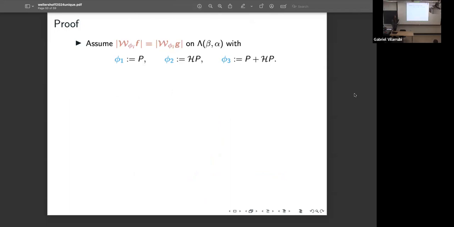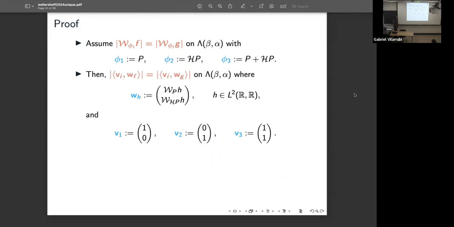So assume that you have two functions, f and g, such that the wavelet transforms with respect to the Poisson, with respect to the Hilbert of the Poisson, and with respect to P plus the Hilbert of the Poisson agree on the hyperbolic lattice. Then there is the reformulation of this in terms of vectors in R2, which we're going to use.